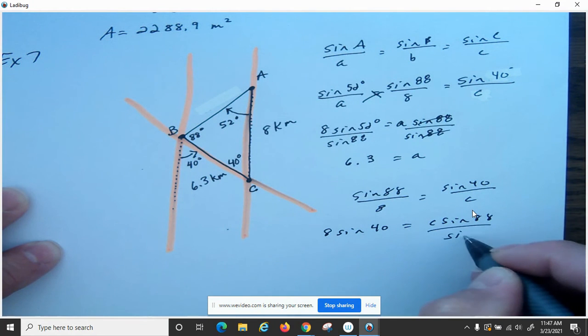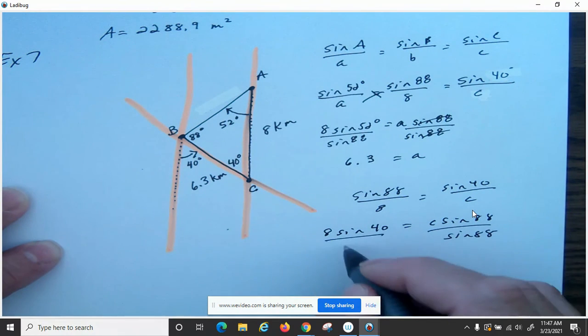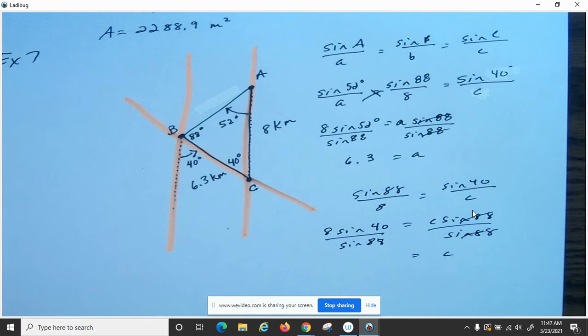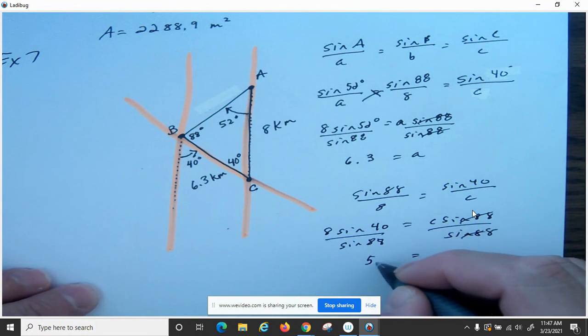Divide both sides by the sine of 88. So side C will be 8 times the sine of 40 divided by the sine of 88. And I get 5.1 kilometers.